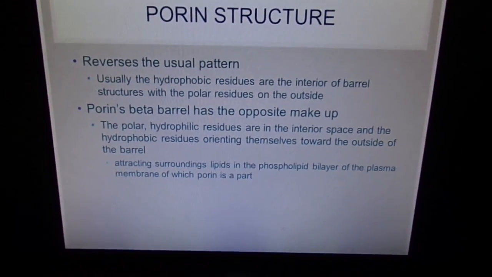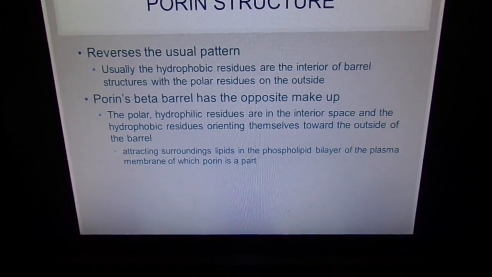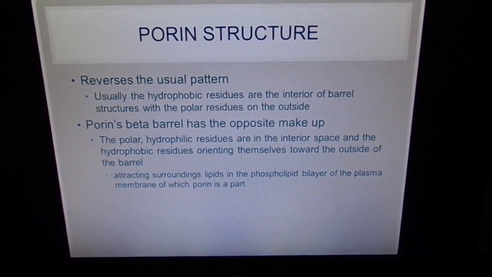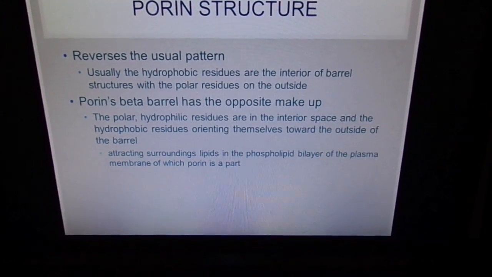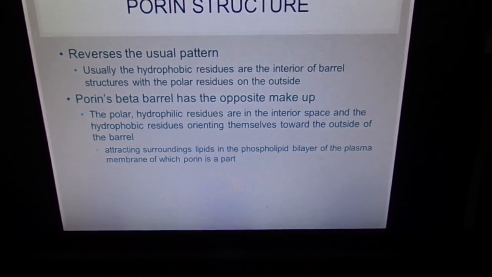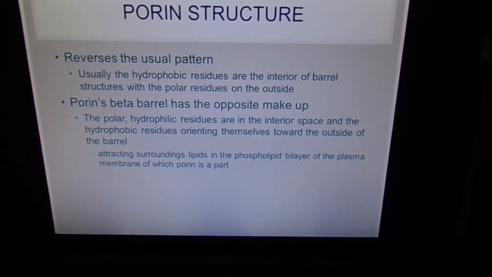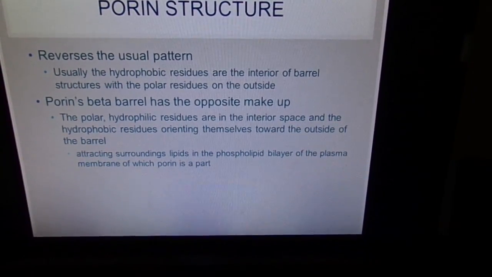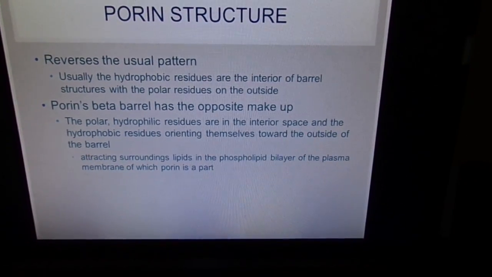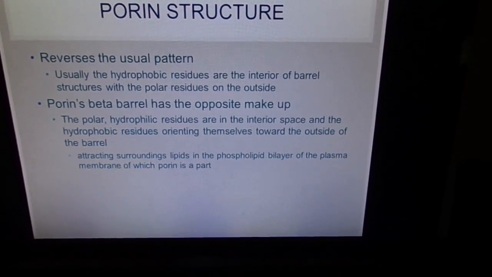Porin structure, it reverses the usual pattern. Usually for beta barrel structures, the hydrophobic is on the inside and the polar hydrophilic is on the outside, but on Porins that's not the case. It's the opposite. The polar residues are on the inside and the hydrophobic nonpolar are on the outside of this kind of barrel.